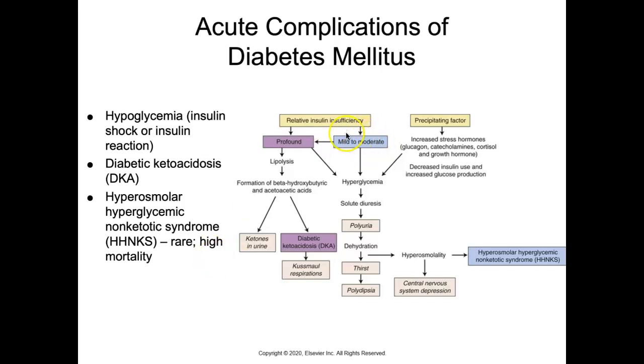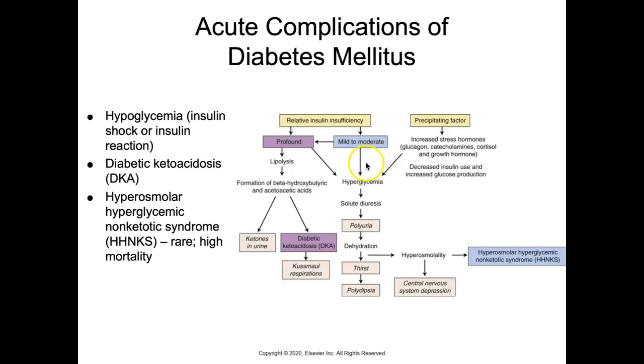At this point, they have more of a mild to moderate type of insulin insufficiency. And we see this more with type 2 diabetes, whereas with our DKA, we saw more type 1 because it's a little bit more foregone as far as the insulin that they're secreting.